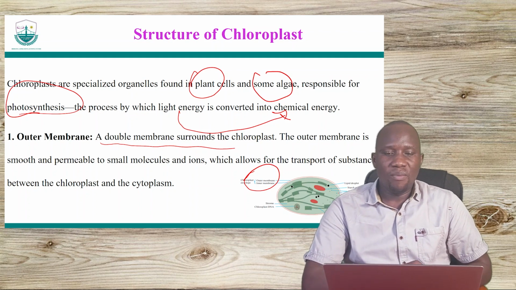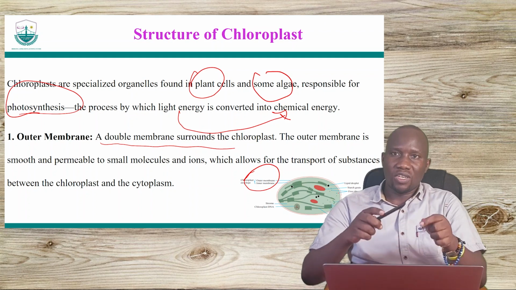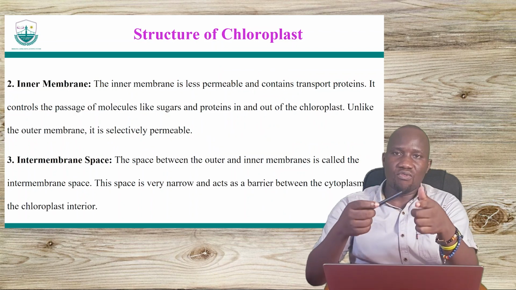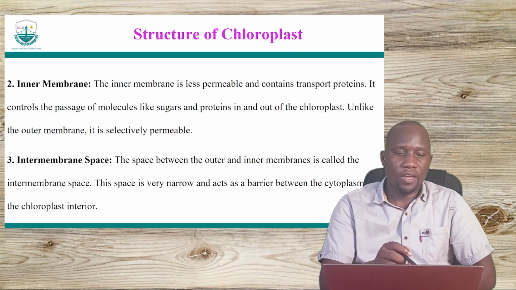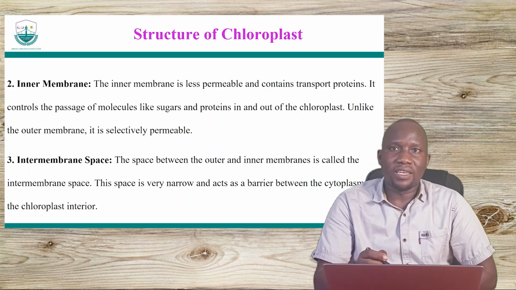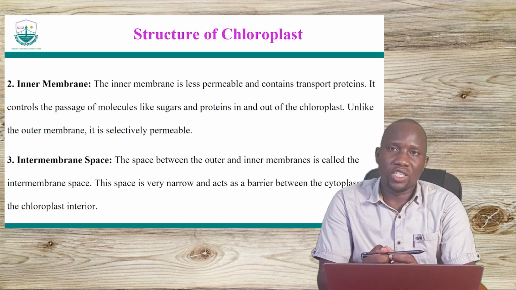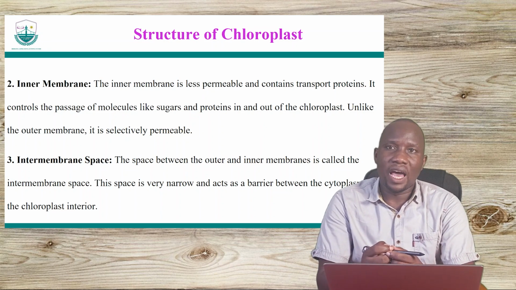And then the inner membrane is less permeable and contains what we call transport proteins. The transport proteins allow some proteins to move across this membrane. Because it has transport proteins, it can control what comes in and out of the chloroplast.